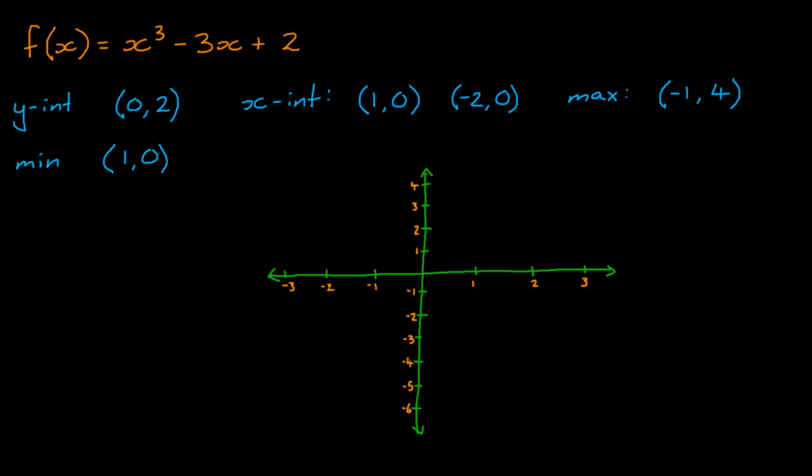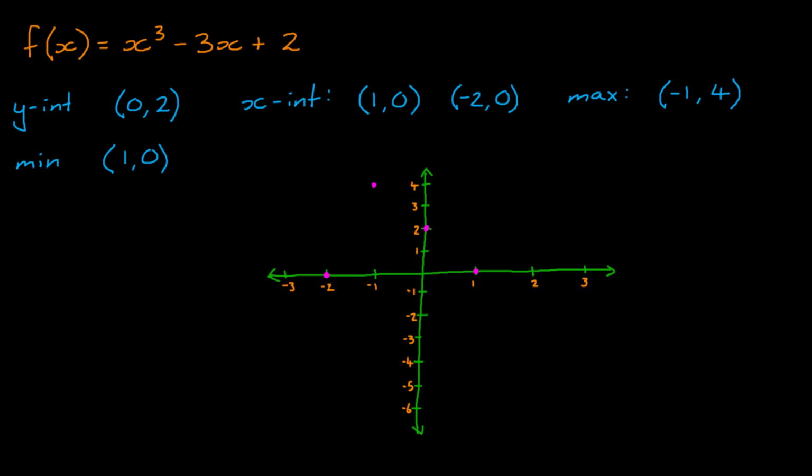Plotting those up, we've got our y-intercept at 0, 2. We've got x-intercepts at -2, 0, and 1, 0. And we know that the point -1, 4 is a maximum, and 1, 0 is a minimum.